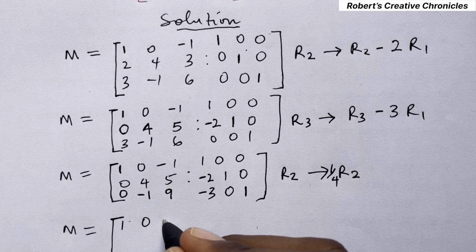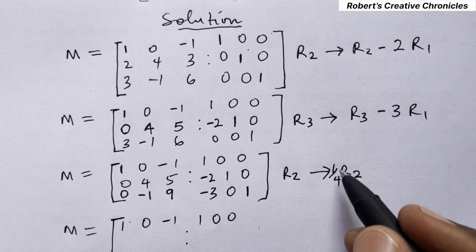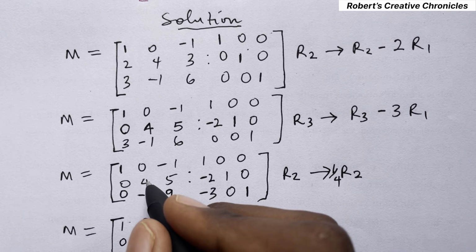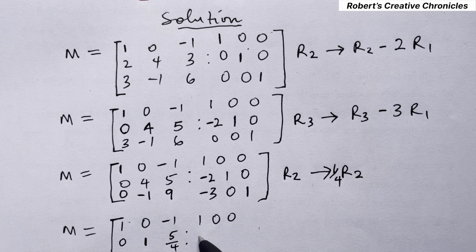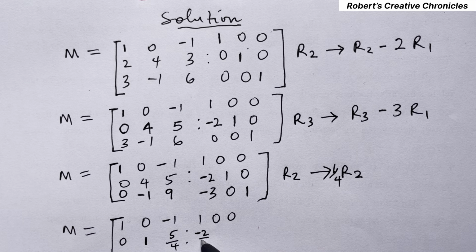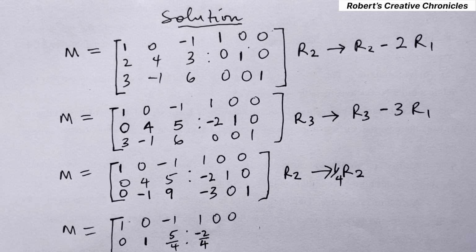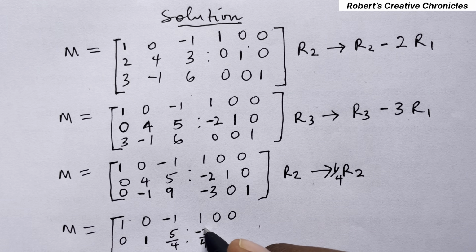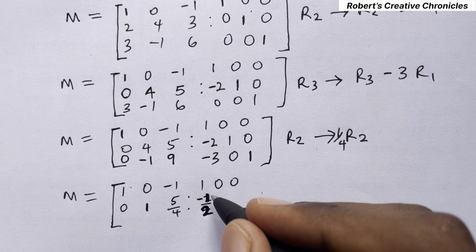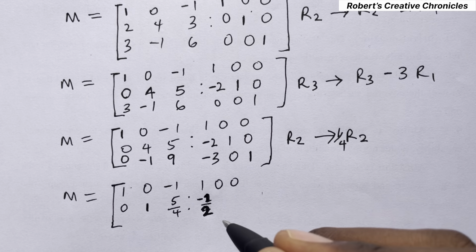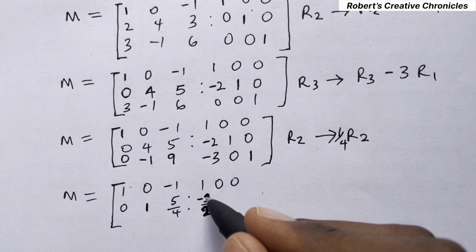So it will be 1, 0, minus 1, 1, 0, 0. So here 1 over 4 times 0 is 0. This times 1 over 4 is 1. This becomes 5 over 4. This becomes negative 2 over 4, which is negative 1 over 2.